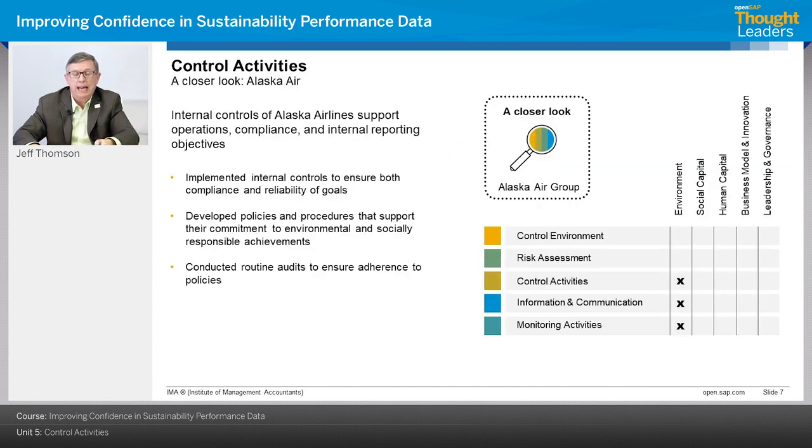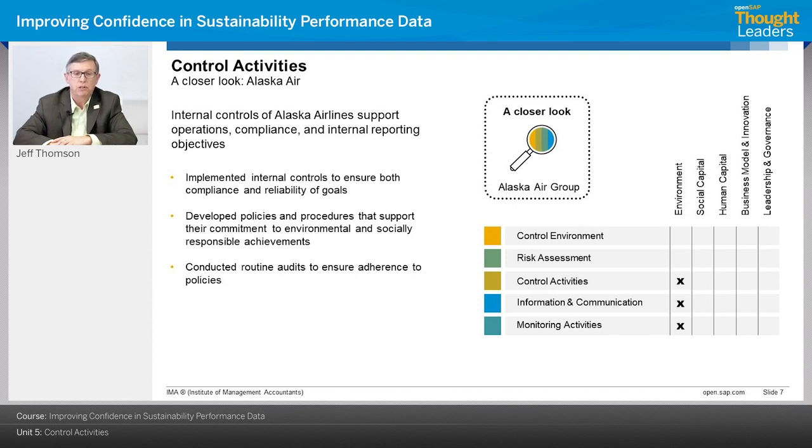So let's take a look at Alaska Air. Alaska Air has routinely been rated one of the US's most admired airlines. In fact, recently it was ranked the best airline in the US for performance and for customer satisfaction. Alaska Air has always stressed the importance of being a socially responsible airline, valuing people, community, and the environment.